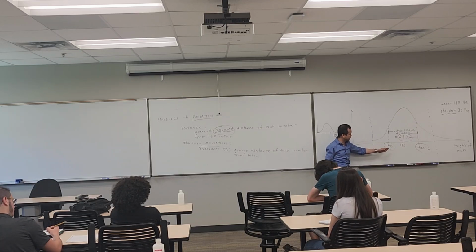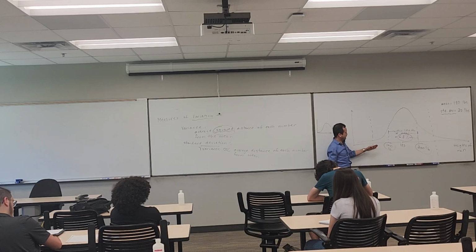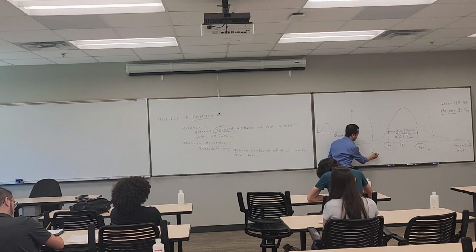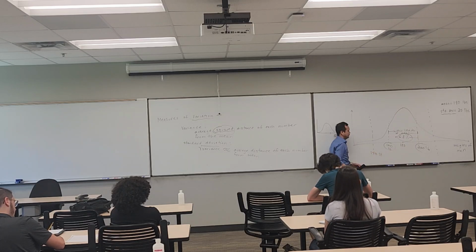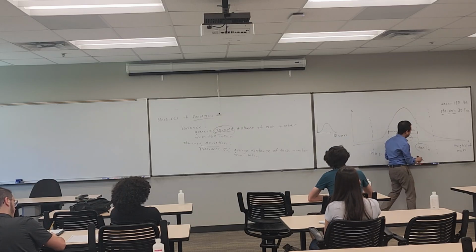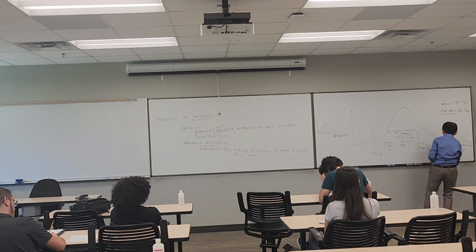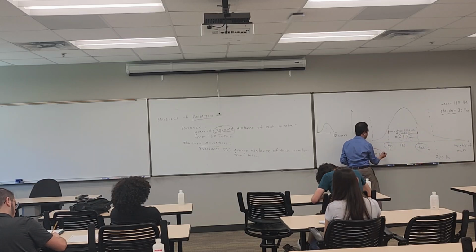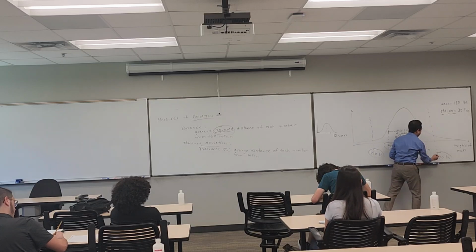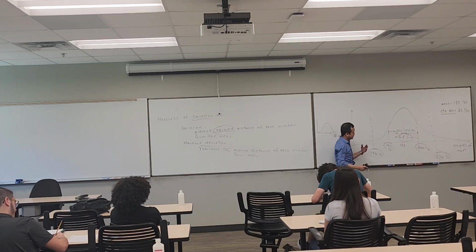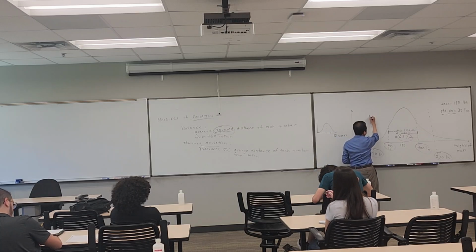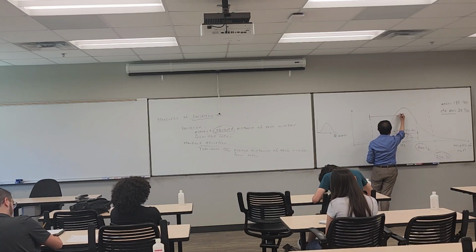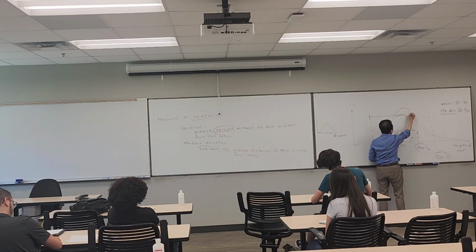If we subtract another 20 pounds and add 20 pounds in the other direction, the lower bound is 140 and the upper bound is 220. So these are weights within 2 standard deviations of the mean.